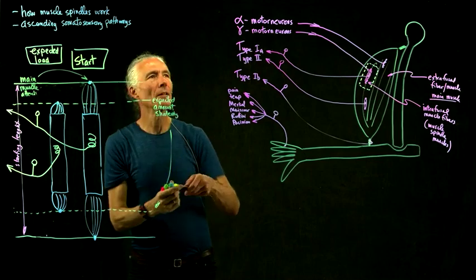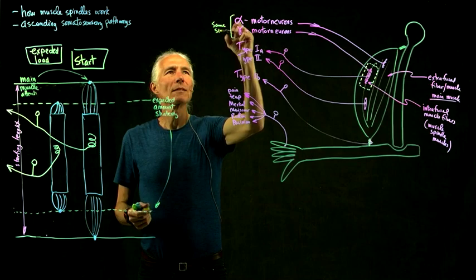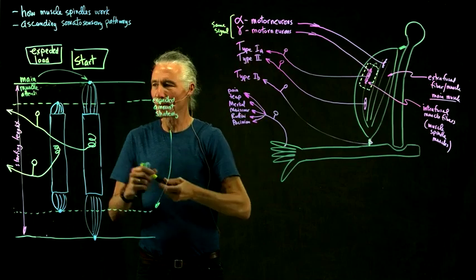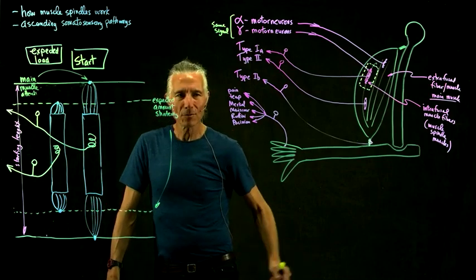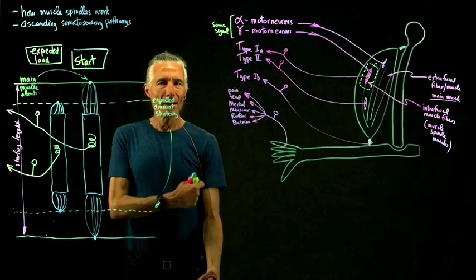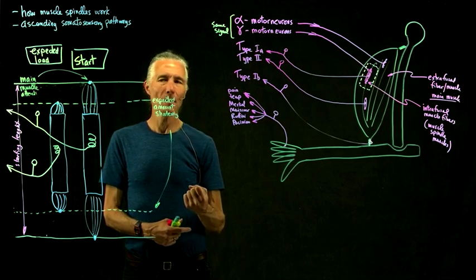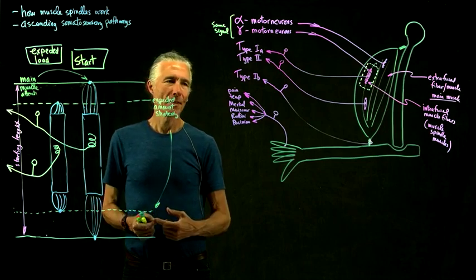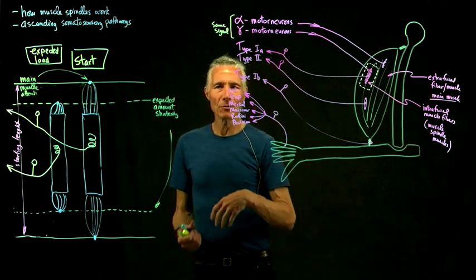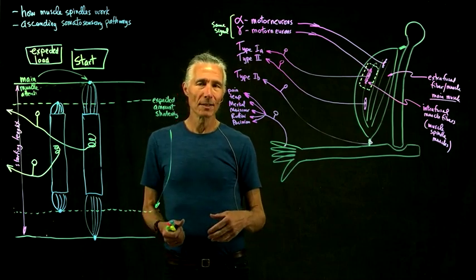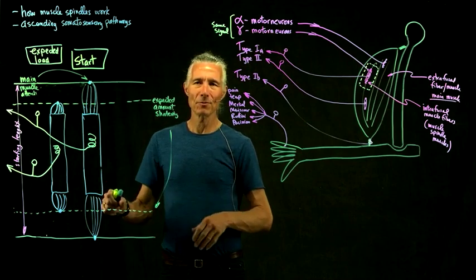The same signal goes out to these guys, so they co-contract. If everything goes right and I sent out enough of a signal to the main muscle that it correctly counteracted the load and allowed me to lift it up, then I don't get any signal. I predicted how heavy it was going to be, and I used that prediction in advance to power up my main muscle a certain amount. So if everything goes well, no signal.